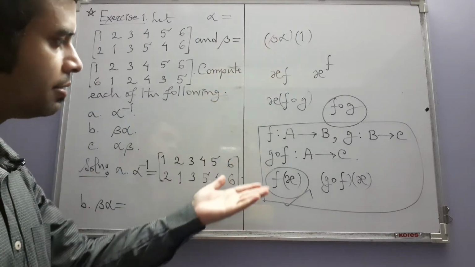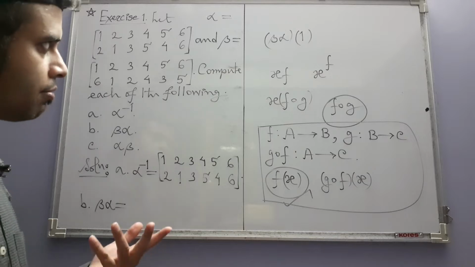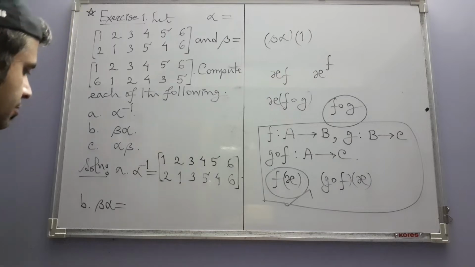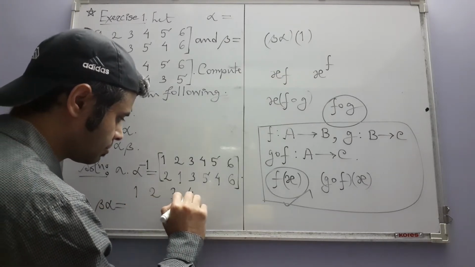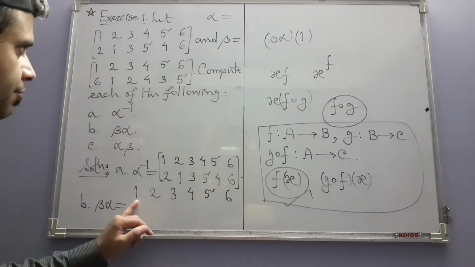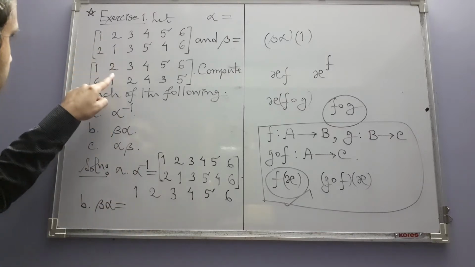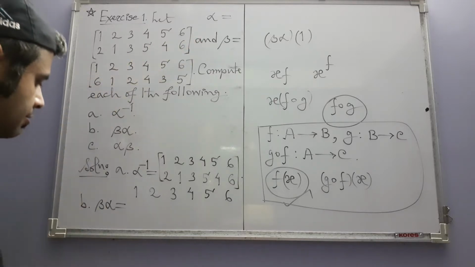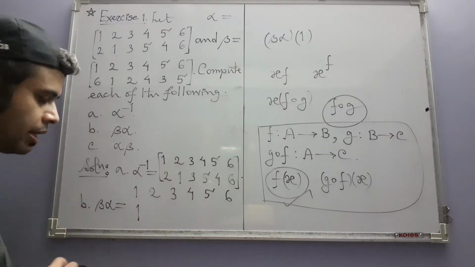That simply means applying this composition, so we first apply alpha and then on that we apply beta. First we apply alpha on 1, we get 2. On that 2 we apply beta. So again we get 1. So the image of 1 under beta alpha is 1, it is unchanged.